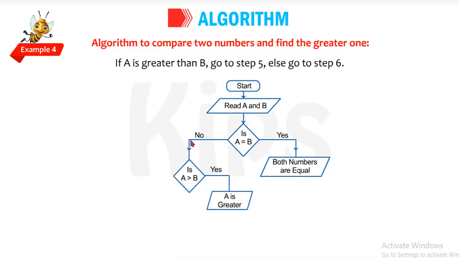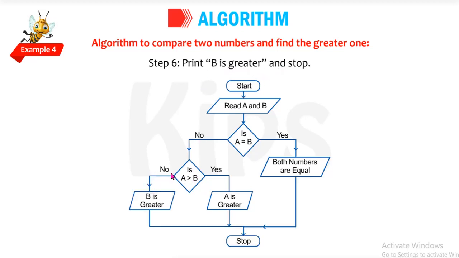No. Then you come here. The next one, if A is greater than B, yes, then print A is greater. But we have given A is equal to 10, B is equal to 20. So answer is no. Then here you see, B is greater and stop.